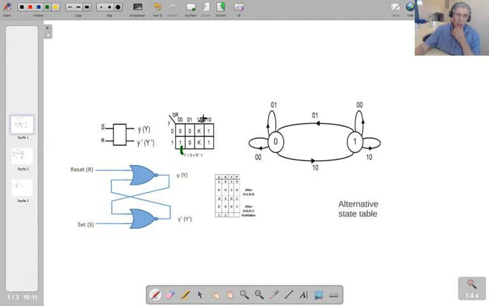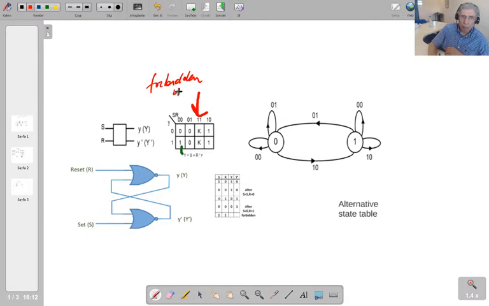Now look at this 1, 1 column here, pay attention to that. It is marked as a forbidden input. That means you should not apply this input to that element.